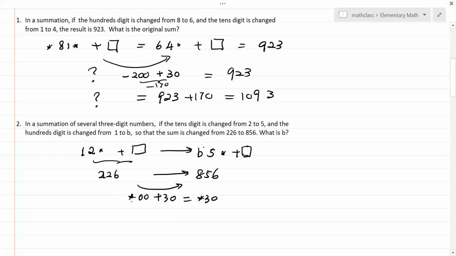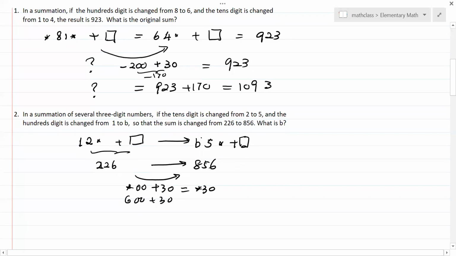Only when it's 600 plus 30, when you add it to 226, you get 856. So B should be 7. Why? Because it's changing from 1 to 7, then it increases by 600.